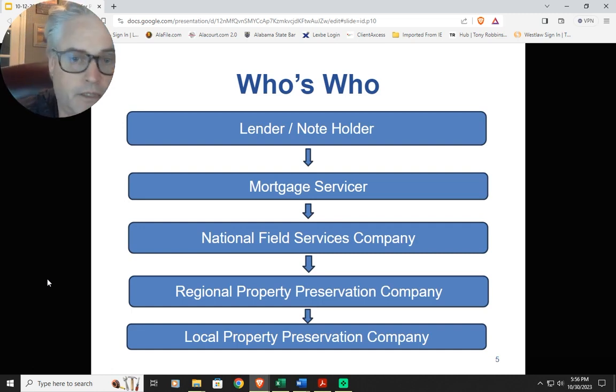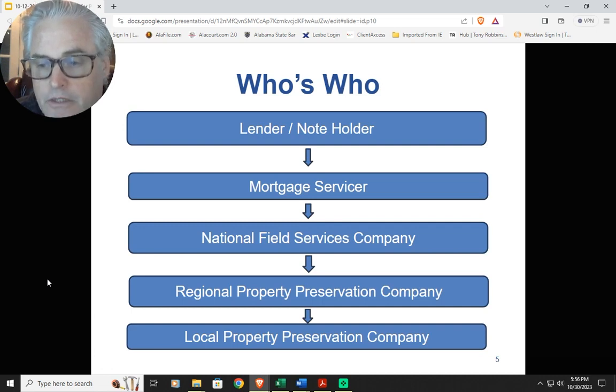Technically, they're responsible for preserving the collateral, handling payments, and applying the money correctly, which is a whole other topic for a completely separate presentation. Below the mortgage servicer, they generally have a contract with a national field services company, Safeguard, LPS Default, one of those type companies.